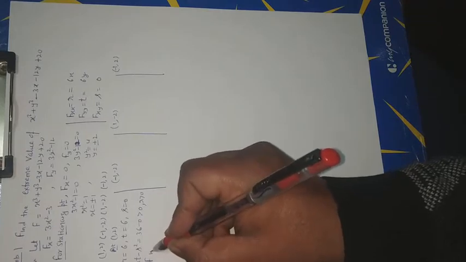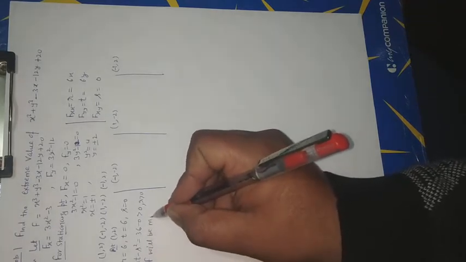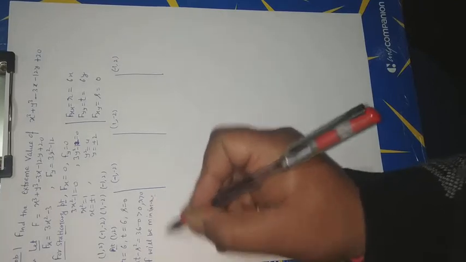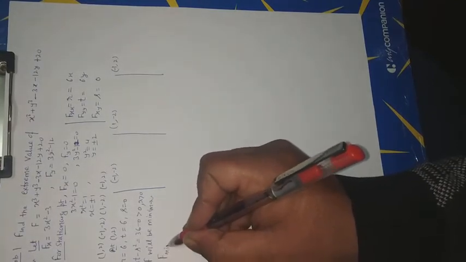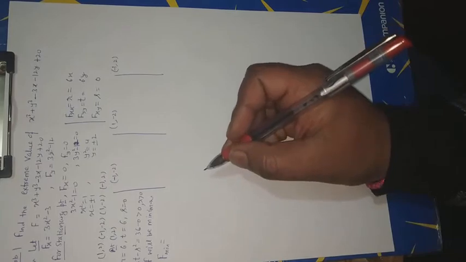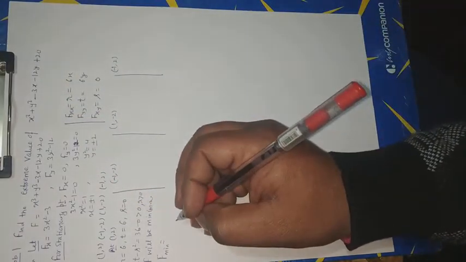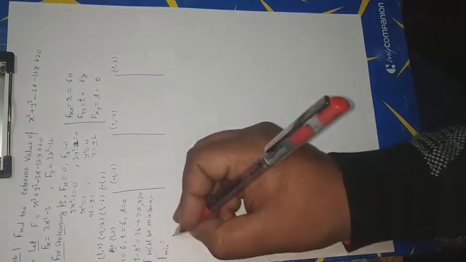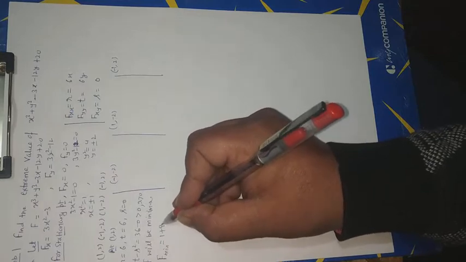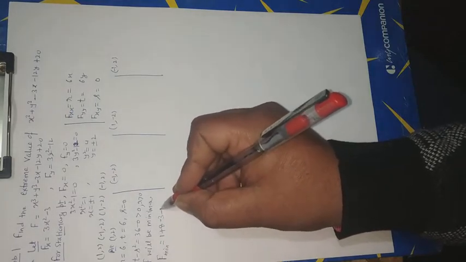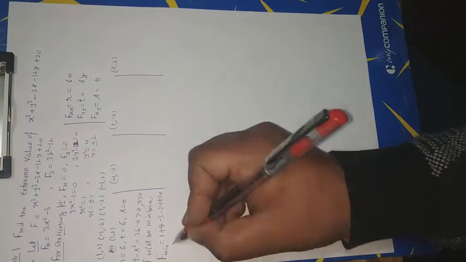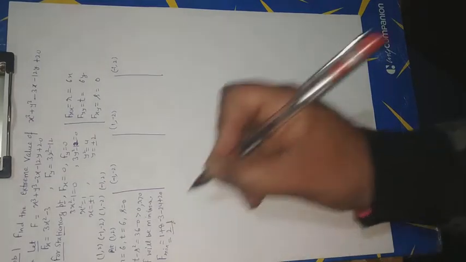Now the minimum value of the function, by putting the values of x and y, that is (1, 2), in the given function, we get 1 cube is 1, 2 cube is 8, minus 3 minus 24 plus 20. This is equal to 2.